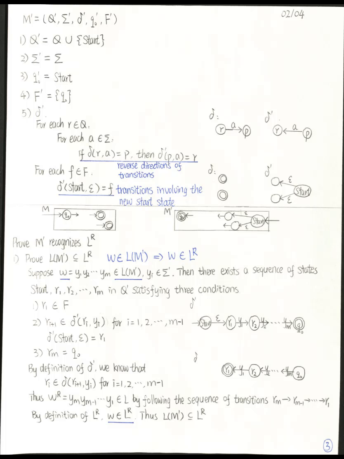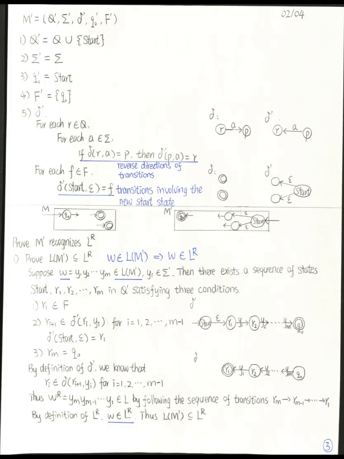I should reach this state R1. And this R1 is a final state, right? So that means this WR, which equals ym minus 1 to y1, this WR is the reverse of W.